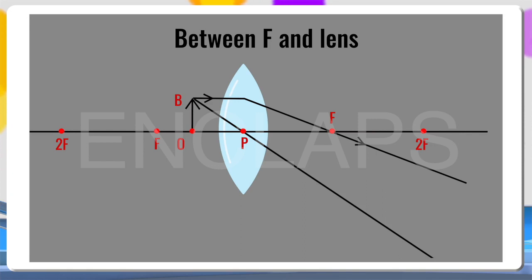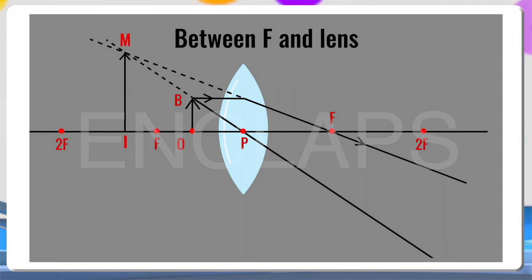It does not undergo any deviation and continues to travel in the same straight line. Here, the two rays are diverging apart, which means they never intersect. So, let's extend these rays in the opposite direction. By extending, they appear to meet at a point M, which is in between F and 2F.